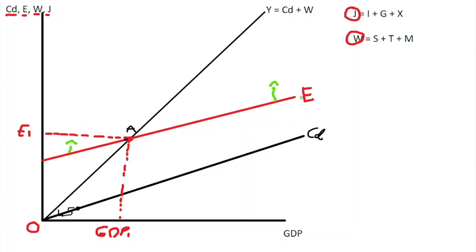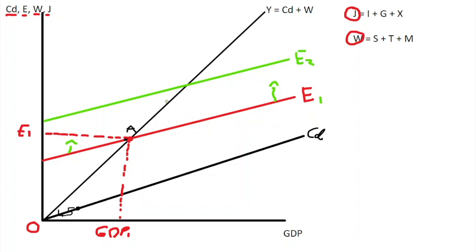So for some reason, expenditure in the economy increases, maybe due to government spending, for example, which is expansionary fiscal policy. And in this case, with expansionary fiscal policy, our expenditure line shifts upwards to this level here. So we have expenditure 1, and we now have expenditure 2.